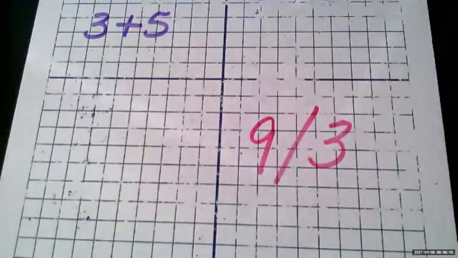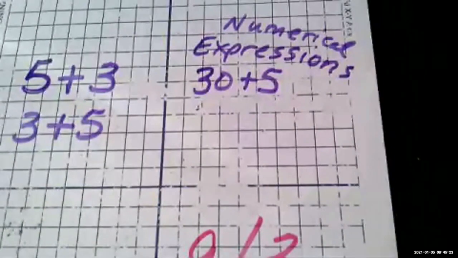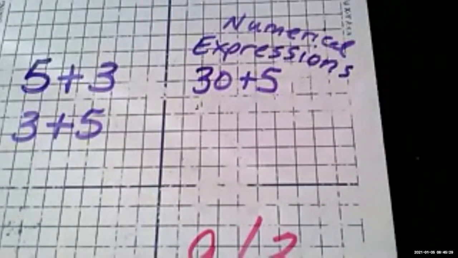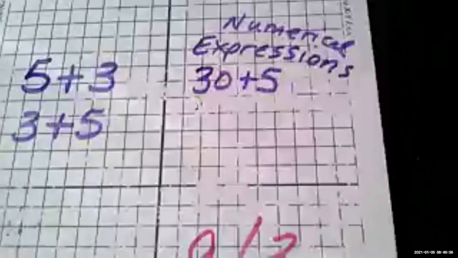How about 4 times 7? What would that look like as a numerical expression? Just 4 times 7. There you go. Multiply it. I'm looking for the multiplication sign. That's it. Multiplication. 4 times 7. That's great.